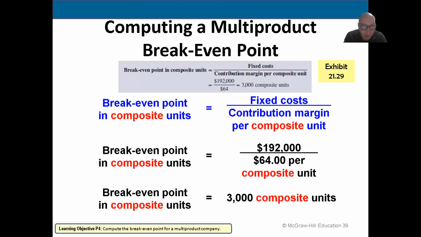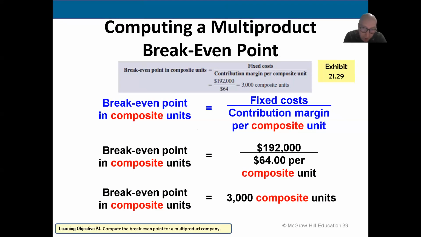For a company that sells multiple products, to find break even, we simply substitute the margin per unit for composite units. So fixed cost divided by contribution margin per composite unit, and then we plug in the data.